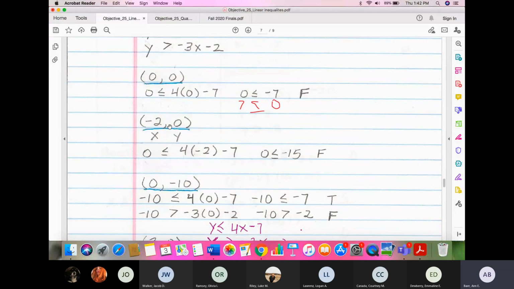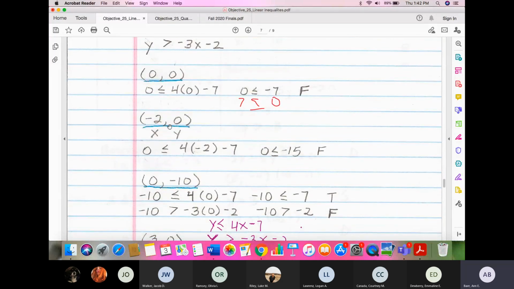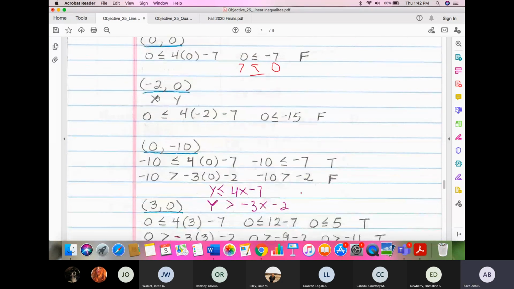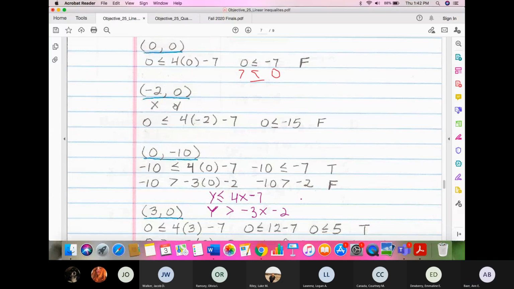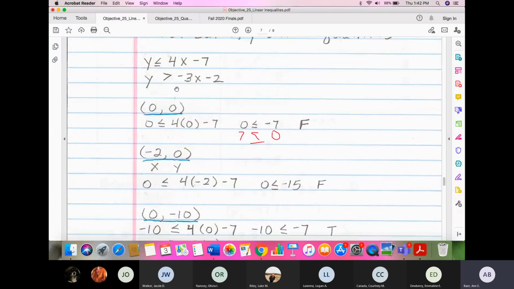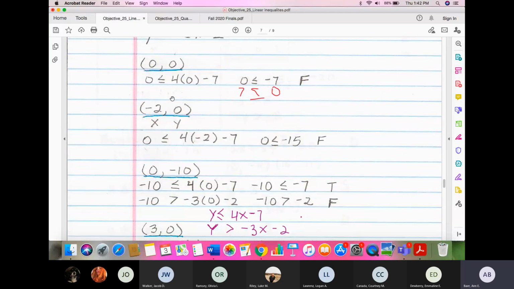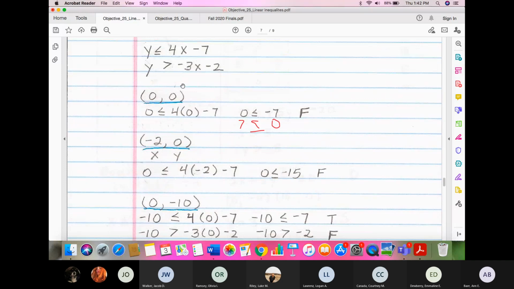Now let's test in our first inequality. And that would be y. Well, for this test point, y is 0, less than or equal to, copy over, 4x.